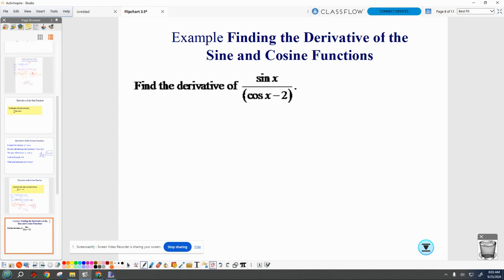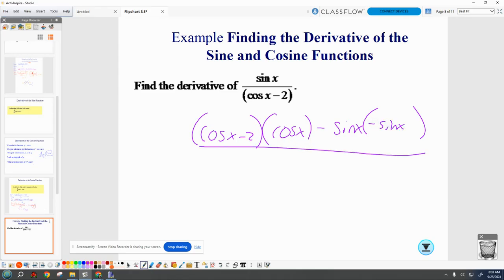Start by taking the bottom, multiplying it by the derivative of the top, because cosine times 2 times cosine x. And then you do that. Okay, perfect.